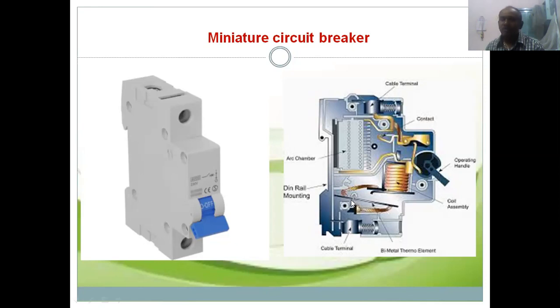Then it bends from its position, a knob or mechanical movement takes place, and automatically the moving contact and fixed contact open. You can see the details later.